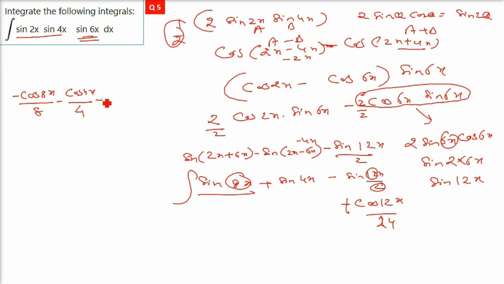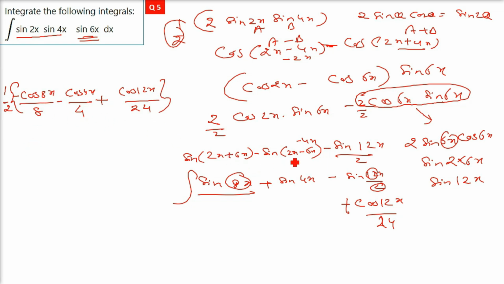I'll just show you cos 12x by 24, because half is still there with cos 8x and cos 4x. I've not written that, but just imagine and recall that half was already there. But half was also there in the first place, the initial half. So this half will be multiplied by 8, half will be multiplied by 4, and half will be multiplied by your 24.